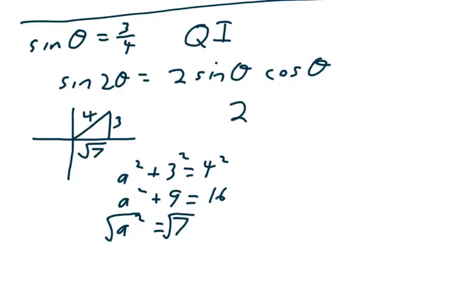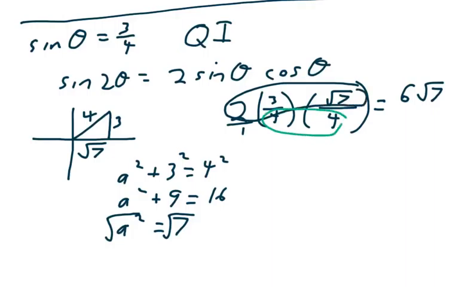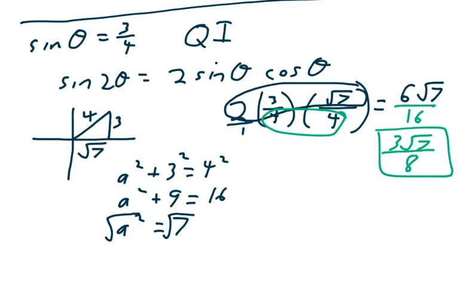So I got 2 times the sine of theta, which is 3/4, times the cosine of theta, which turns out to be the square root of 7/4. And so my answer turns out to be 6 square roots of 7, because we do 2 times 3 times the square root of 7. And then I multiply 4 times 4 over here, which is 16, which means I got 3 square roots of 7 over 8 when I reduce it.